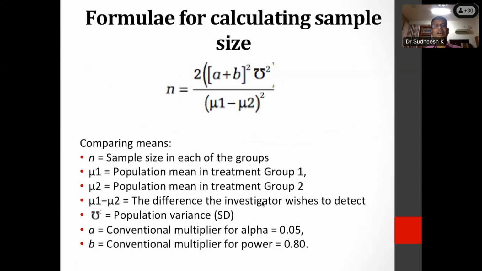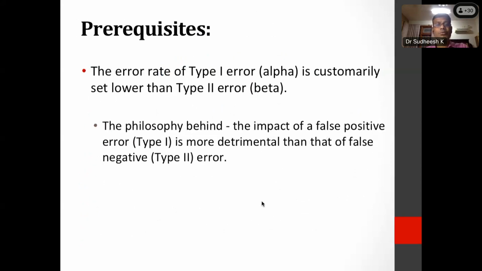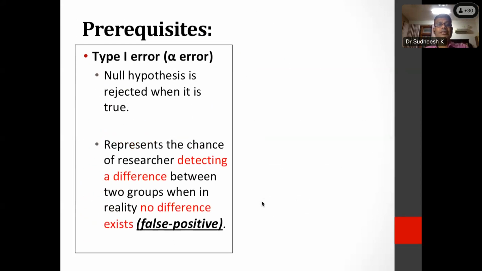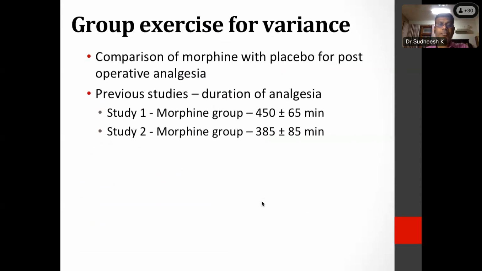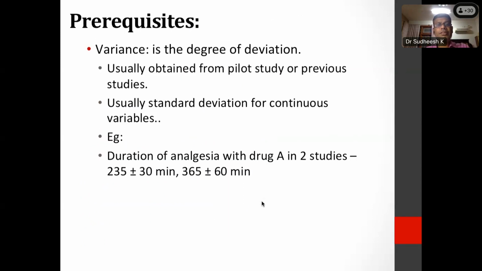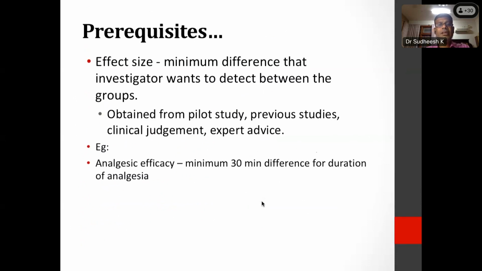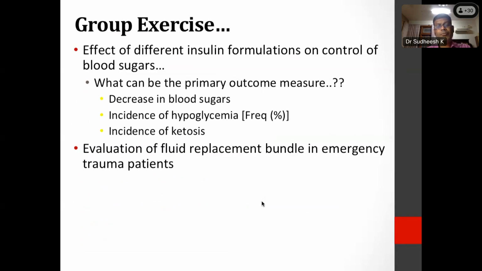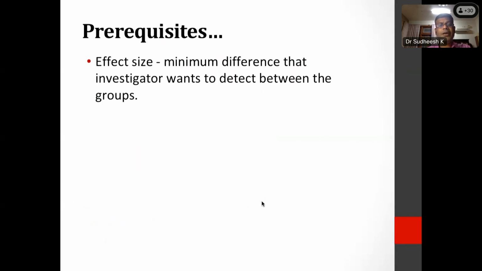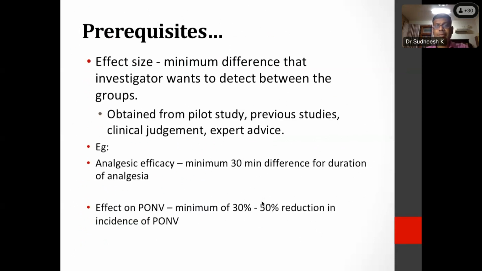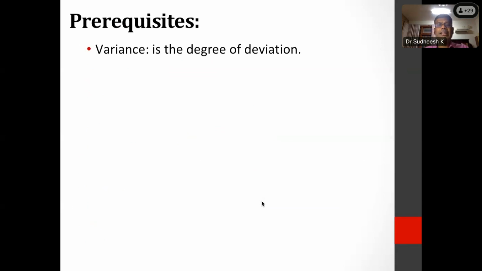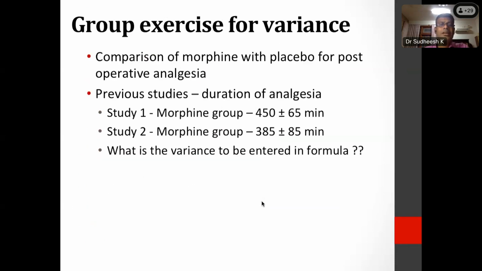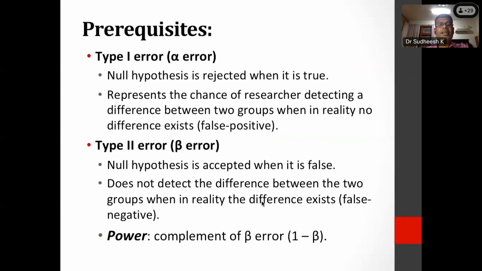So once you are done with all the prerequisites, what all do you have? First you decide your primary outcome measure, and you quantify it in the form of mean and standard deviation. Then you assume one effect size, that is the minimum difference between the two groups, and then one variance, and then you assume alpha error and beta error.